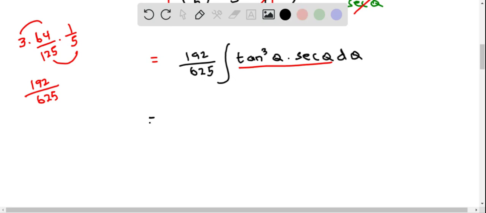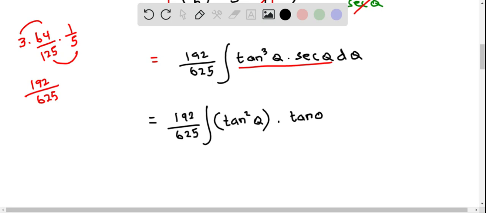So let me first put the numbers as they are, that is 192 over 625, integral of this tangent cubed. I'm going to rewrite this as tangent squared q times, we will have one tangent q, and that I'm going to combine with the secant q. So I rewrite it like this. This is perfectly correct, dq.